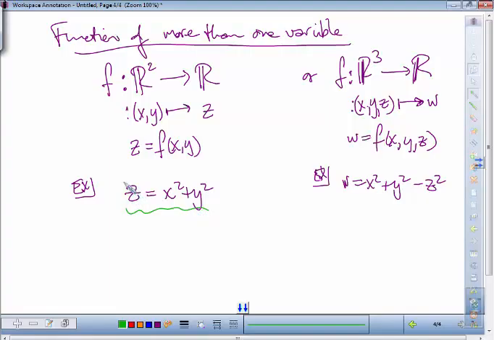If z was just a number, then it would be a cylinder. The cross sections are circles, whatever cross sections mean.